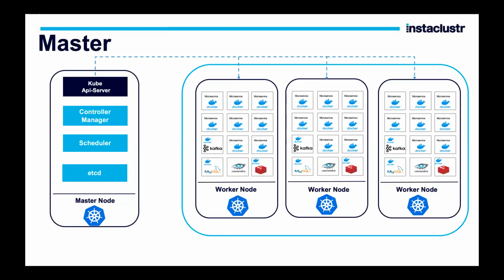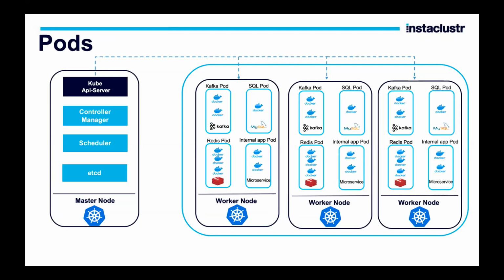If I go back a little bit, this was a diagram. I put those small icons as containers, but Kubernetes does not deploy those containers directly. Instead, containers are encapsulated into an object called a pod.